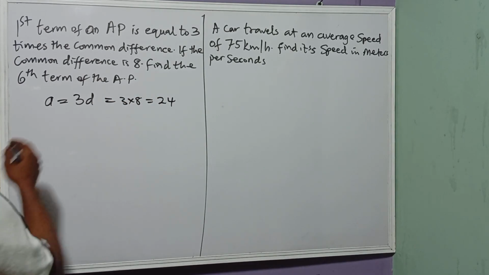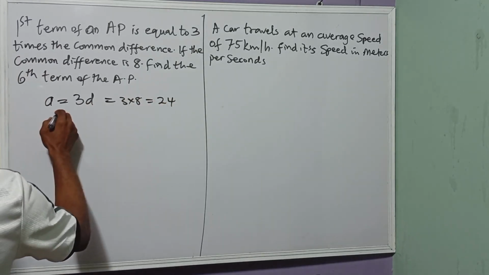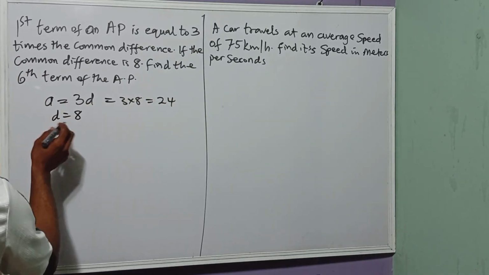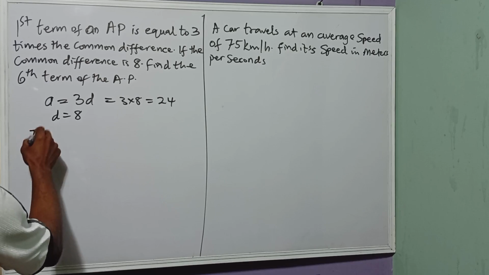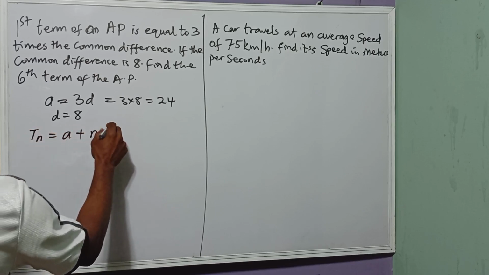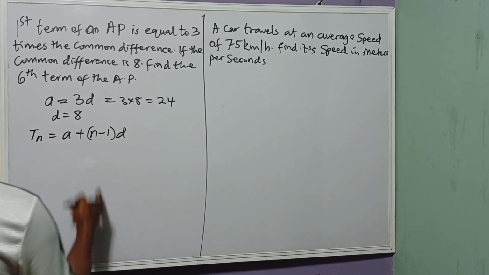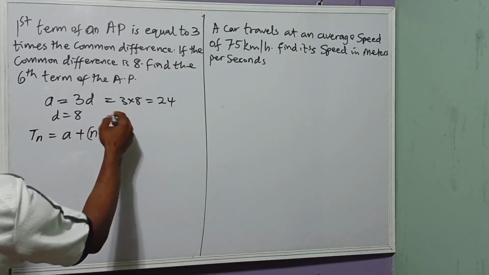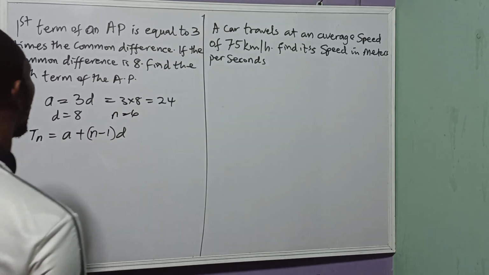Alright, now they said find the 6th term. Now we have A as 24, D as 8. Applying our AP rule, we have Tn equals A plus (n minus 1) D, where A is our first term, n is the number of terms, which is 6, and D is our common difference.